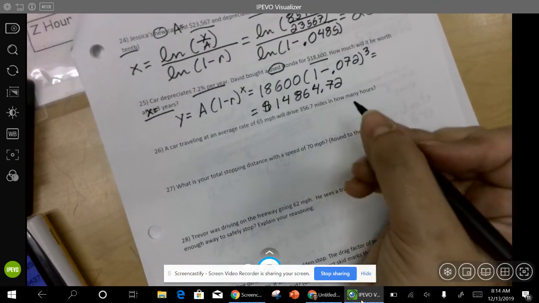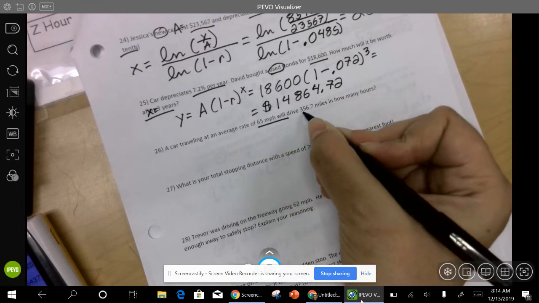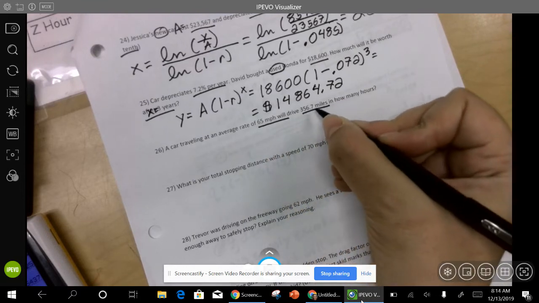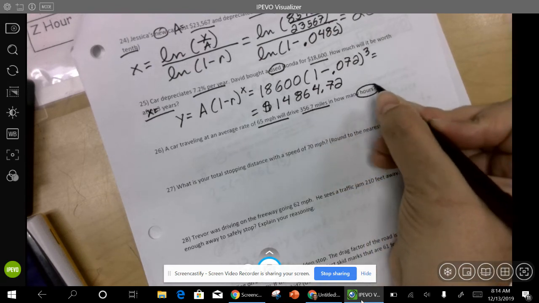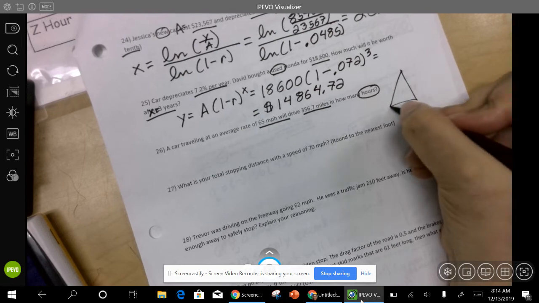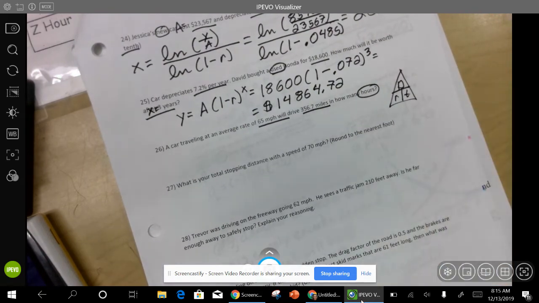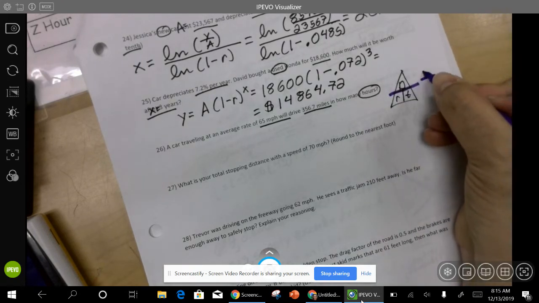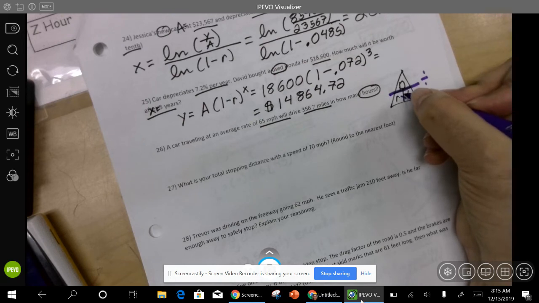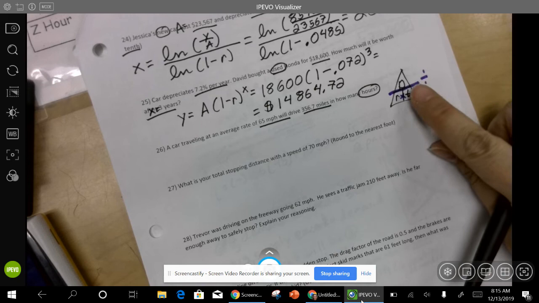Okay, so it says a car traveling at an average rate of 55 miles per hour will drive 356.7 miles. How many hours? So everybody, we are doing distance is equal to rate times time. Okay, so everybody, this is the division, right here means we would multiply. So we're solving for time, everybody.